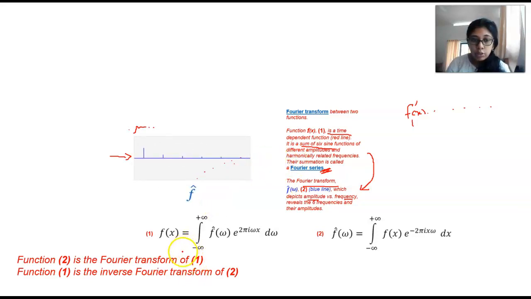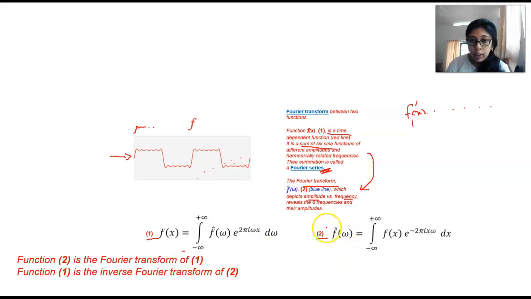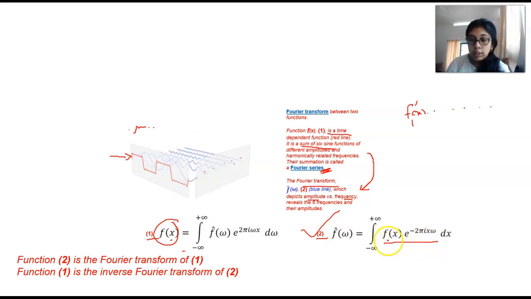So here you can see two different functions, 1 and 2, just as examples. Here function 2 is the Fourier transform of function 1. This particular function f cap w is the Fourier transform of f of x. You take f of x and apply a mathematical operation on it, and you get the Fourier transform.